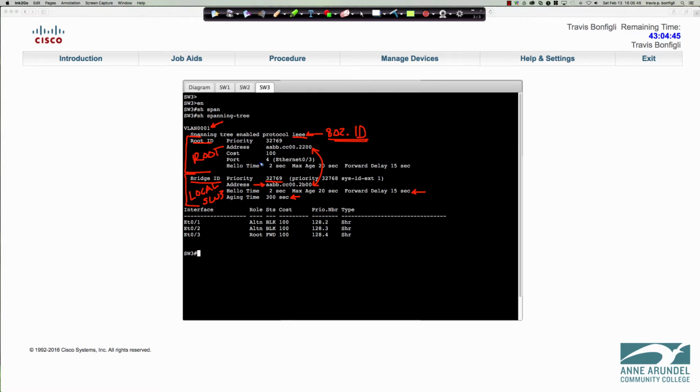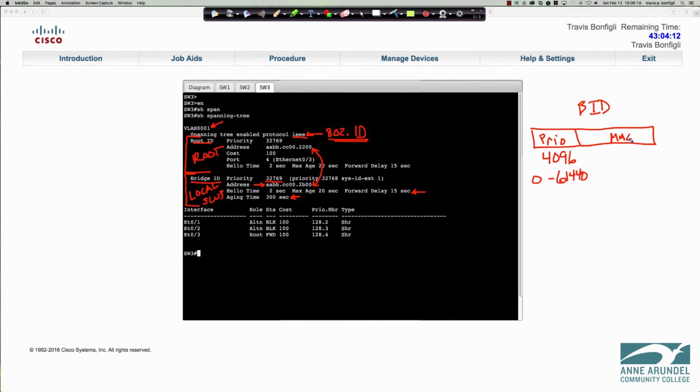Now, when we talk about the root bridge, it's going to be elected based off of the bridge ID, which is made up of, and I'll draw it out over here. So the bridge ID is made up of a priority, which is in increments of 4096, and it goes from 0 to 61,440. And then the other part of that is the MAC address.